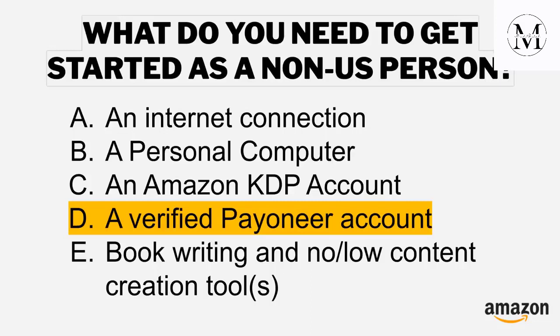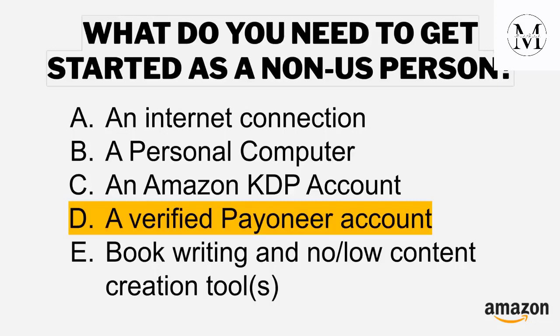But many people do not know that with a Payoneer account that is verified, you can link up your bank account and receive your royalties. So a lot of people do not know about this, and it's a very, very important thing to note. If you have a verified Amazon account and also a verified Payoneer account, you can get started.